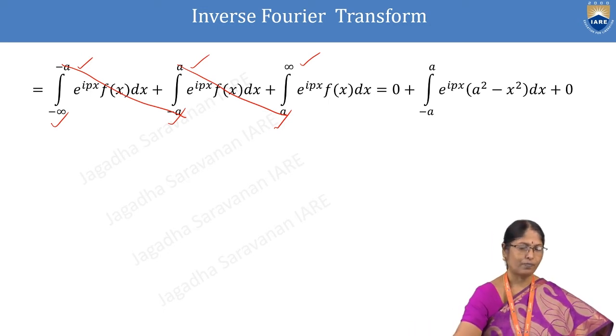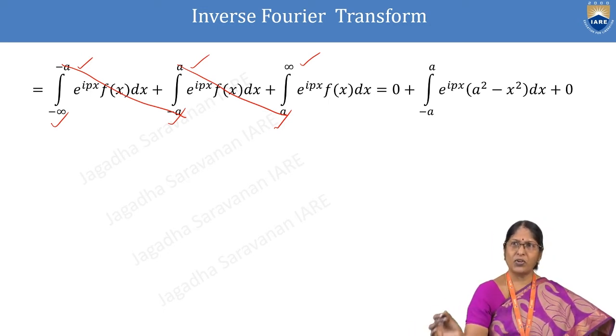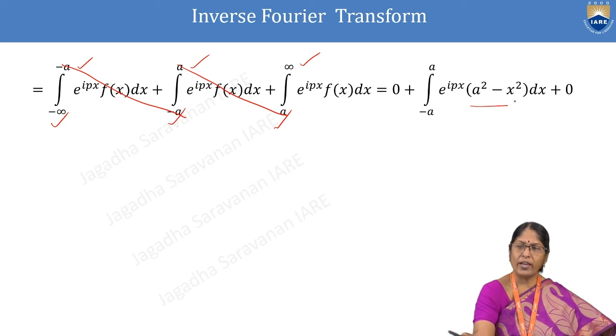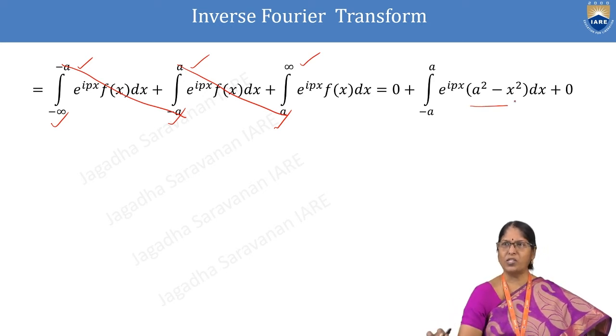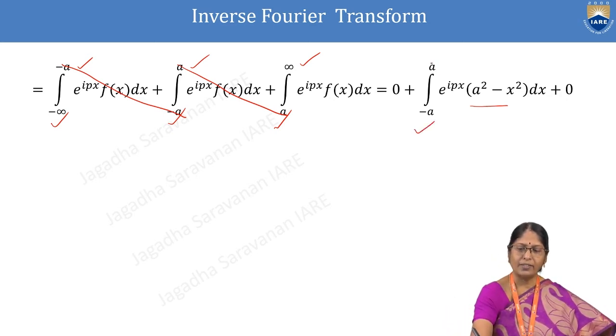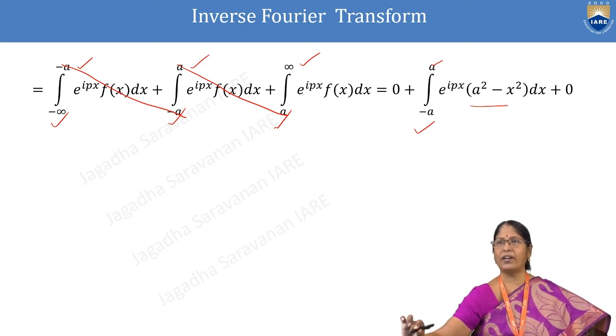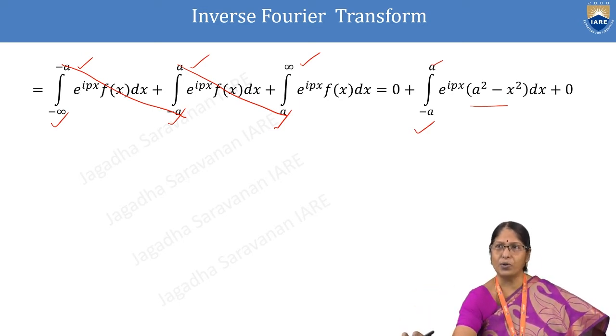Now, strictly it is given in the question that the function a square minus x square is valid for x between minus a and a only. Everywhere else the function is 0.